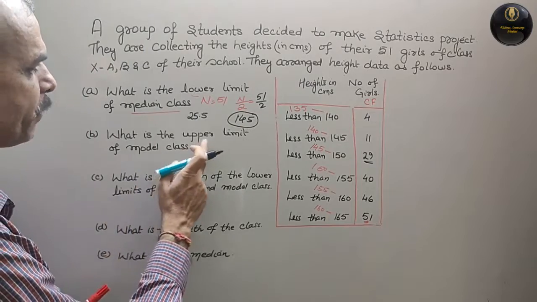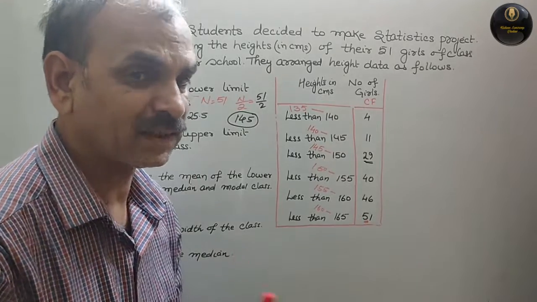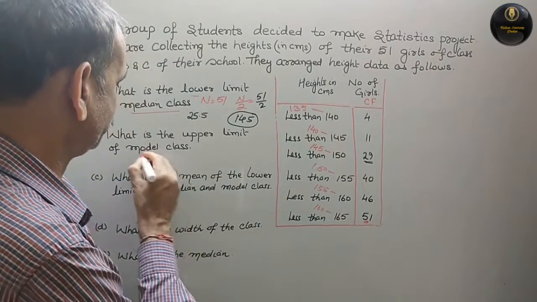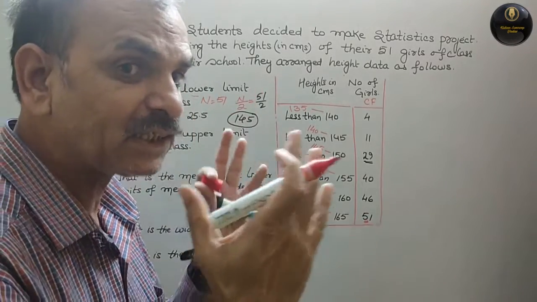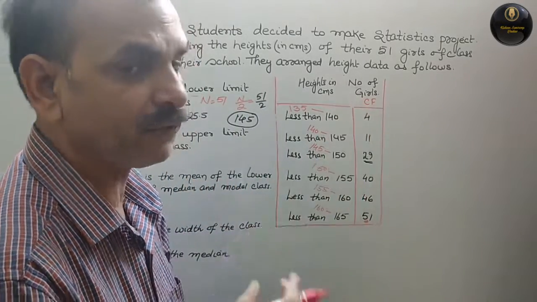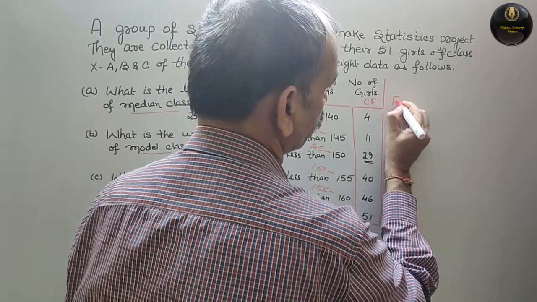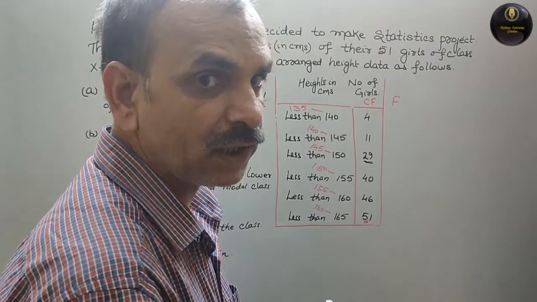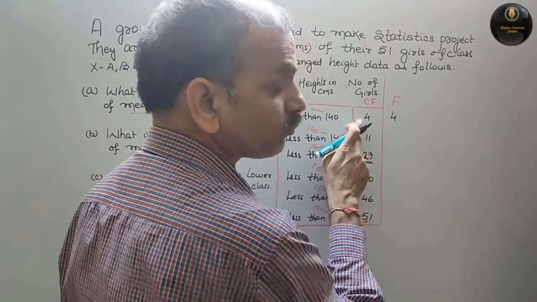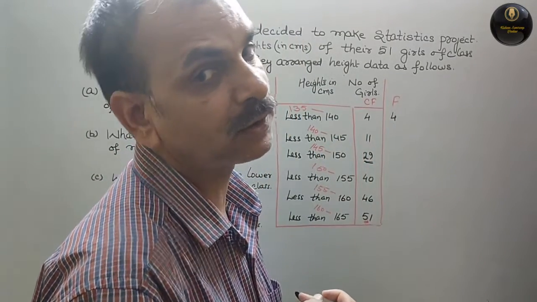Next, what is the upper limit of modal class? For modal class, what we need? The frequency. That is the highest frequency of that class. So here they have given you cumulative frequency. We will convert it into frequency. So how we will convert? See this. This is 4. We will write here 4. 11 minus 4 is what? 7.